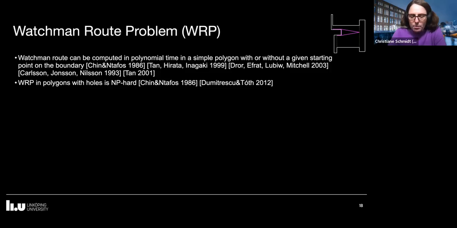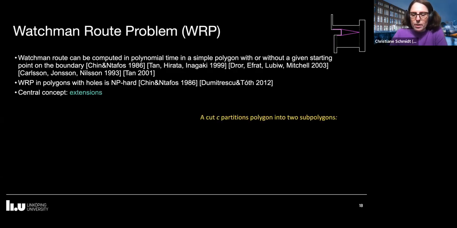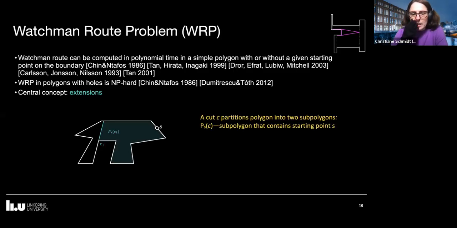One thing that's very central to computing watchman routes for normal guards, or normal visibility, is what we call extensions. Extensions are just extensions of edges of the polygon, and any such cut will partition a polygon into two subpolygons. We usually look at these with respect to a starting point.